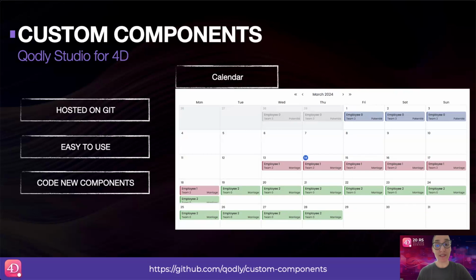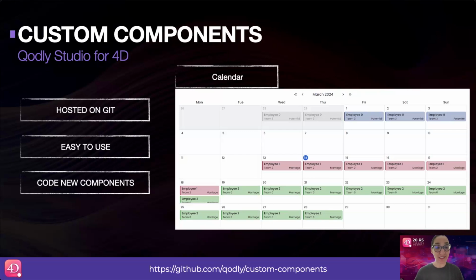These components are crafted using React, providing a flexible and powerful foundation for developers. Custom components are managed in Qodly Studio for 4D to match the performance of built-in components, which means reducing any potential drawbacks associated with response and interaction times.